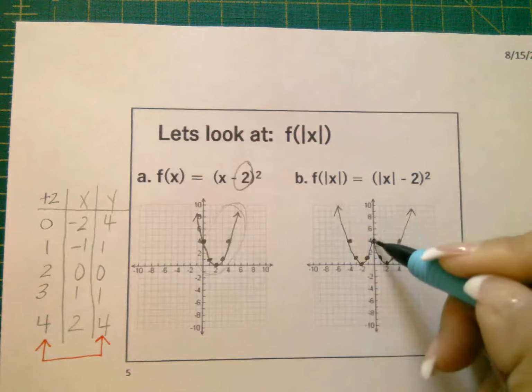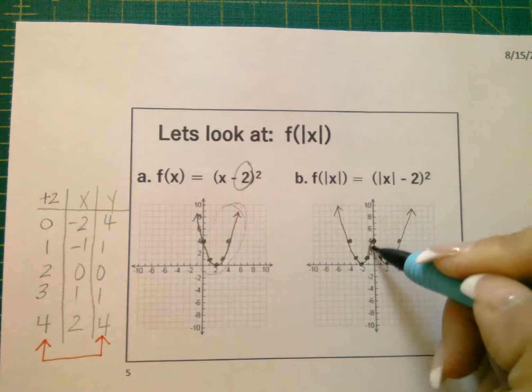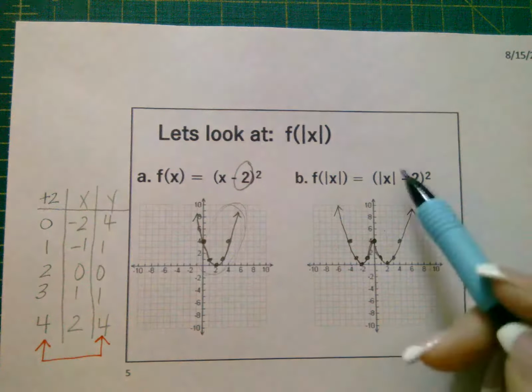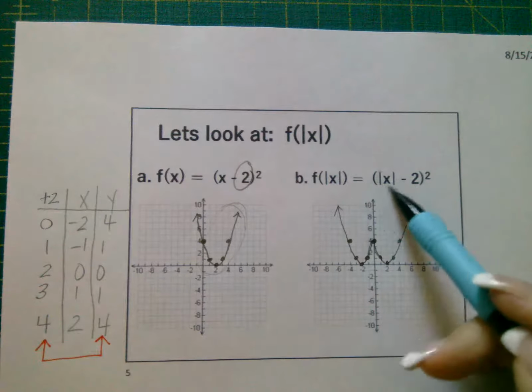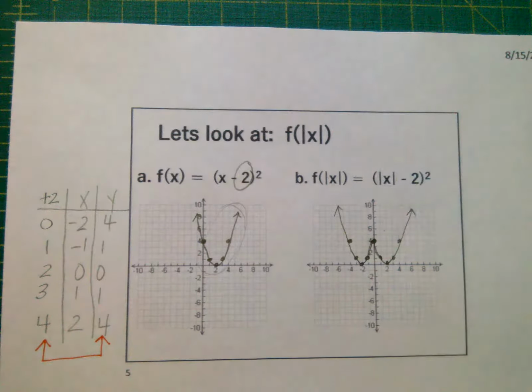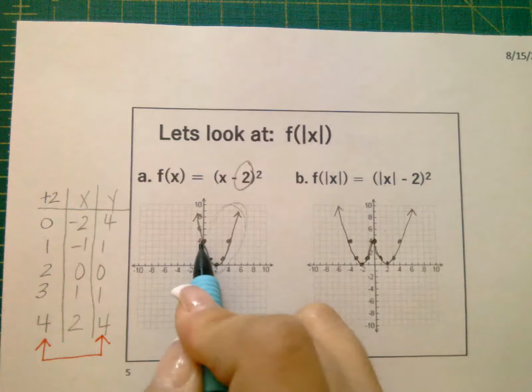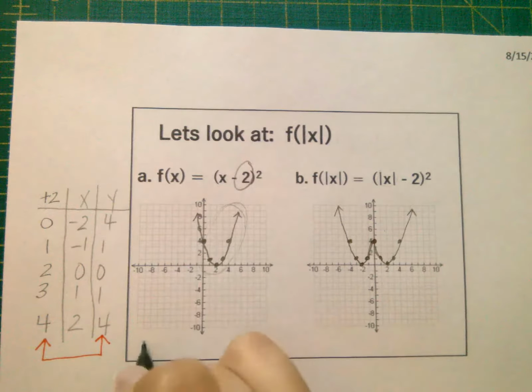Okay, and then I just connect the rest of my graph. So this looks like a W now. That is my final graph when I'm taking the absolute value of just the x for this function. It's important for rule number 2 that your original graph always touch the y-axis.